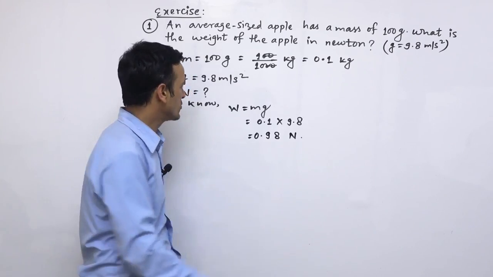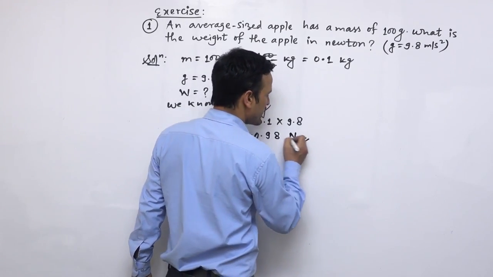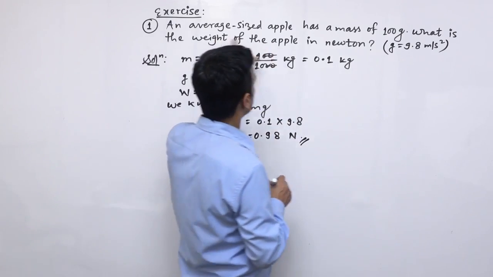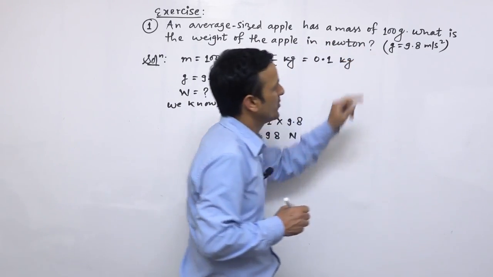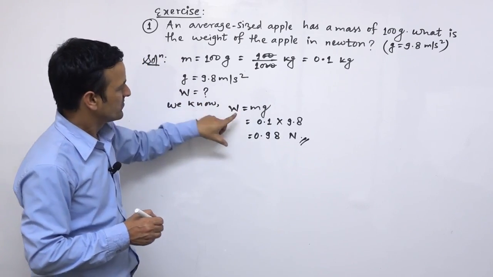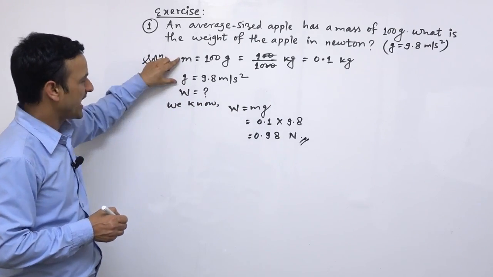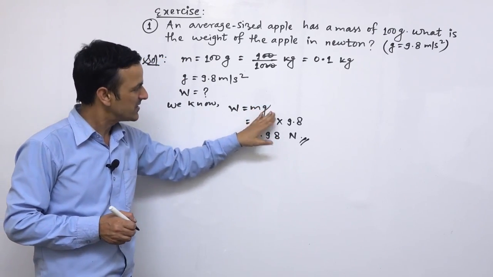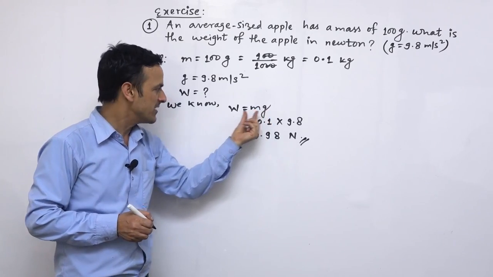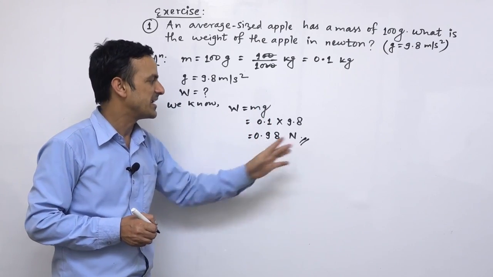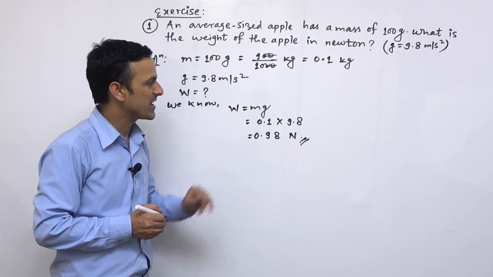Weight is always in Newton, so its unit is Newton. That's why the weight of the apple in Newton is written here. Mass and gravity are provided, so with these two data we can find the weight of that apple, 0.98 Newton. In this way we can solve it.